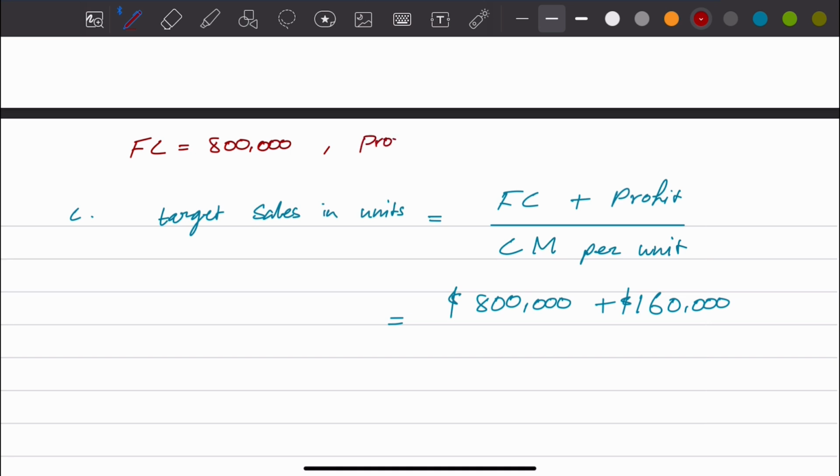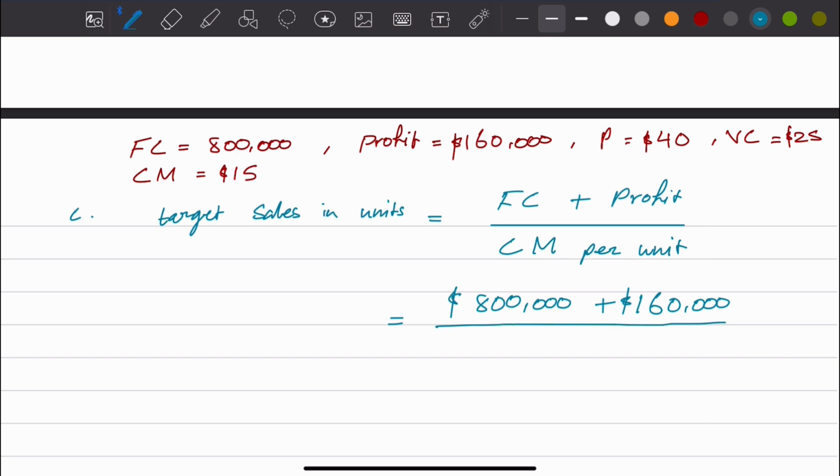The profit, 160,000. The price, $40, and the variable costs still the same, which is the variable cost per unit, $25. Okay, so that means the contribution margin per unit is going to equal 40 minus 25, which is $15. So these are all the data that I need.